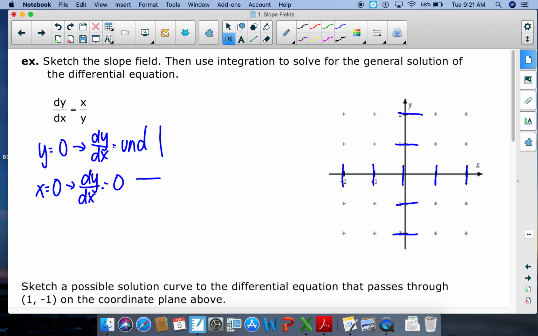Now, what do you think I should look at next? Well, x divided by y is my differential equation, right? What happens if x and y are equal? Then we're going to get 1. So if x equals y, that means our dy dx equals 1.